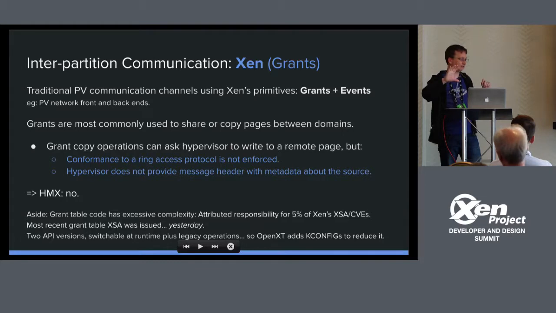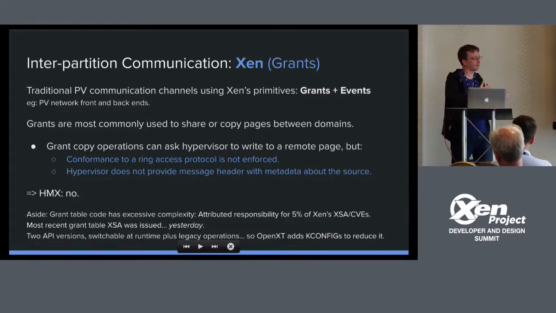But as the receiver, you don't have any guarantee that the data copy that was requested was going to adhere to the ring protocol. There is less context provided with the data that is copied. I'll come back to the additional context a little bit later.